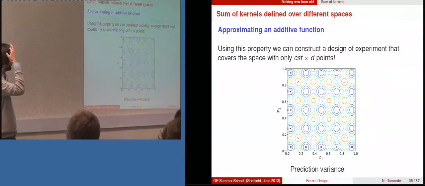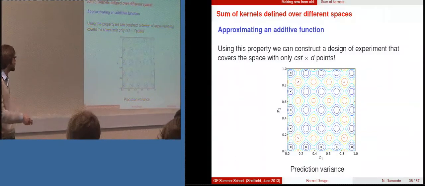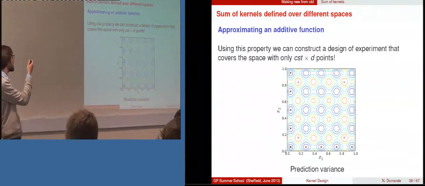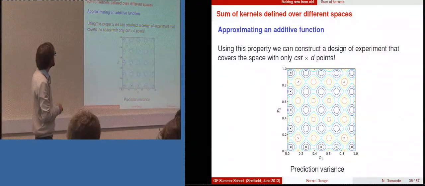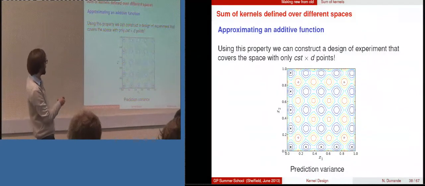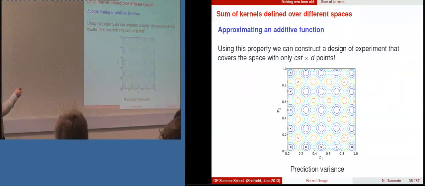So this kind of model will scale very well with high-dimensional problems, as all the generalized additive models. Using an additive kernel is a way to build generalized additive models with the Gaussian process framework. Here we take advantage of the structure of the kernel to build a design of experiments that will give very small prediction variances.